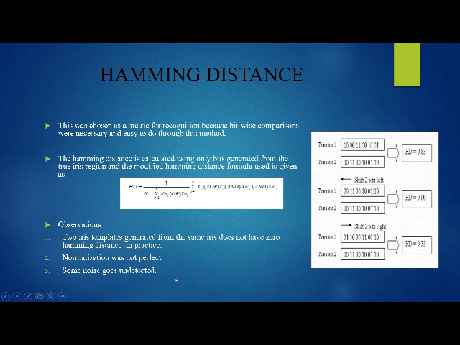And what this could mean is that sometimes normalization may not have been done perfectly, or there could be some noise which goes undetected, because of which there are some variations. That's the reason why sometimes Hamming distance gives you a value like 0.33, which is somewhere in between being matched perfectly and not matching.